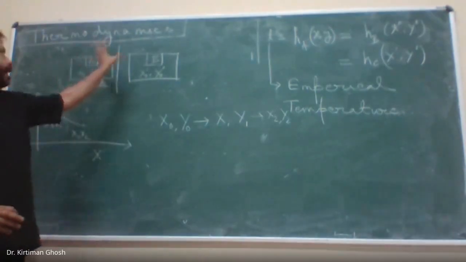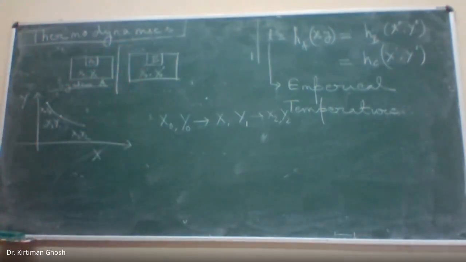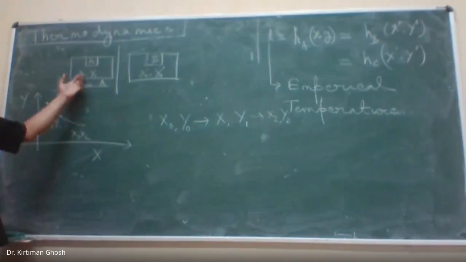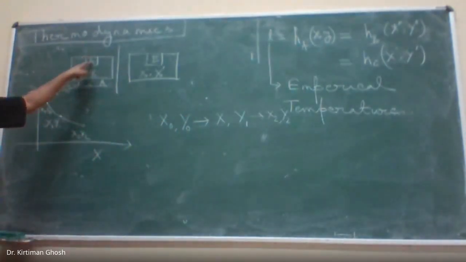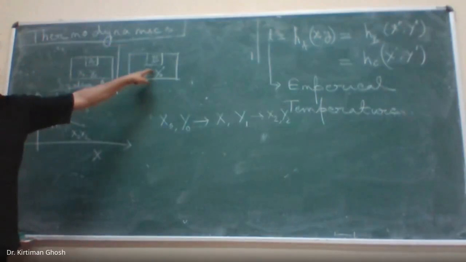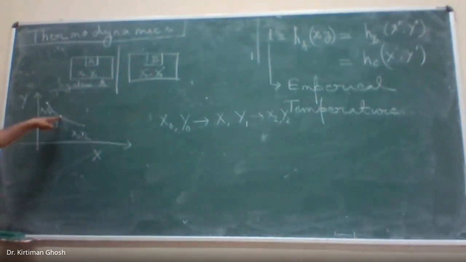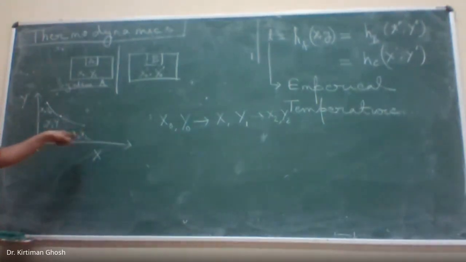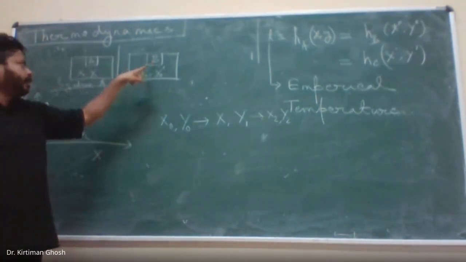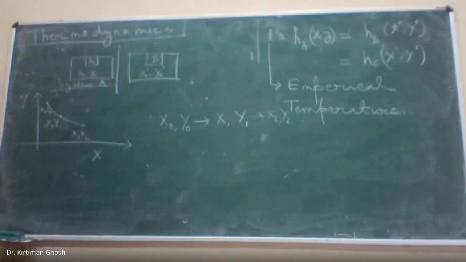I have two systems A and B in thermal contact, and they are in thermal equilibrium. I took away system A and changed its thermodynamic coordinate x0, y0 to x1, y1 in such a way that system A is still in thermal equilibrium with system B. Then I change it again so that system A with coordinate x2, y2 is in thermal equilibrium with system B with coordinate x0 prime and y0 prime.